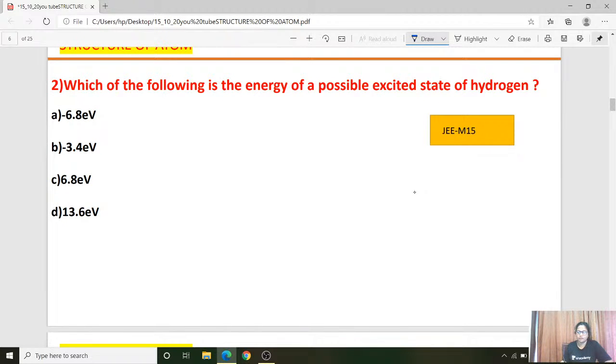Which of the following is the energy of a possible excited state of hydrogen? Okay, read the question now. Which of the following is the energy of a possible excited state of hydrogen? But the value is given in electron volt.